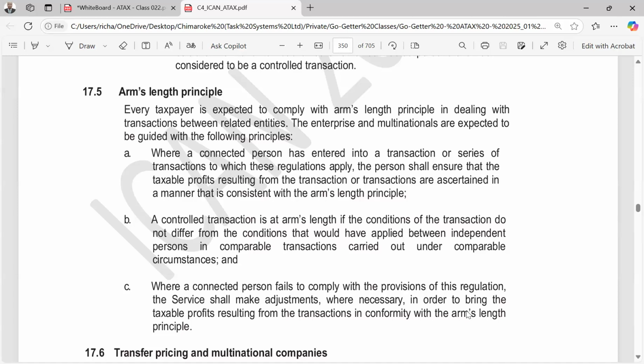They will assume that you have charged the same way that the market is charging. And so whether you collected 600,000, it will be deemed as if you collected 1 million, and you'll be paying the appropriate chargeable tax. So that is what this is saying.